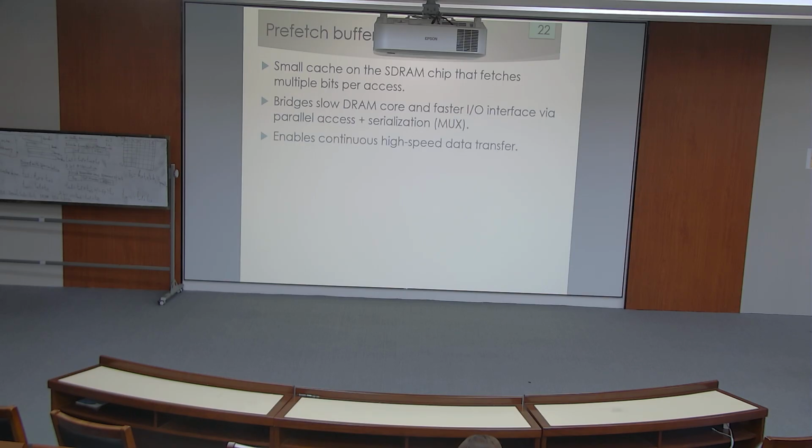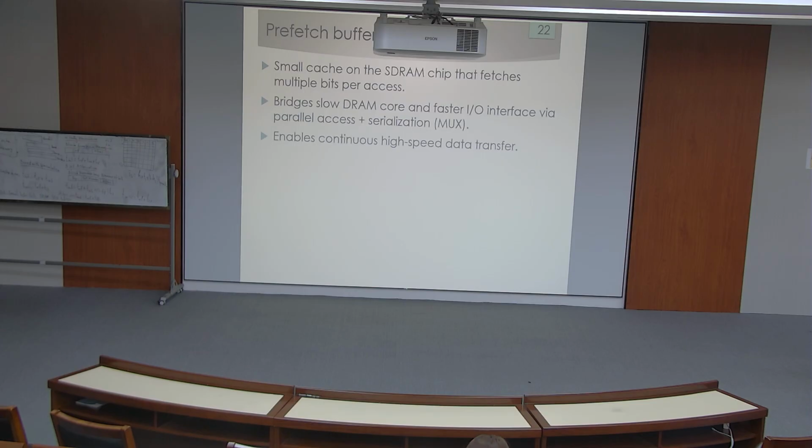Now, for small caches on the synchronous DRAM chip, we only have to fetch multiple bits per access. So this has to bridge the slow DRAM core and the fast input-output interfaces via what we call parallel access and also serialization or multiplexers. We have to enable continuous high-speed data transfer to achieve a higher input-output data rate.